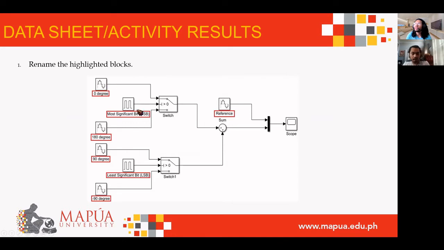Then the most significant bit, MSB, and the least significant bit, LSB. Then the switches for the PSK inputs. Then the sum, which is multiplexed using the reference sinusoidal wave, and the output is monitored using the scope.